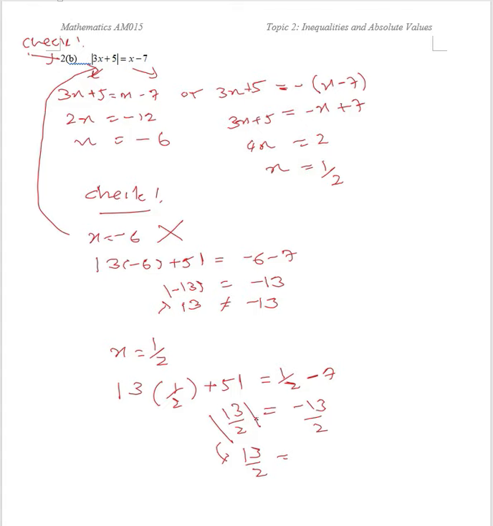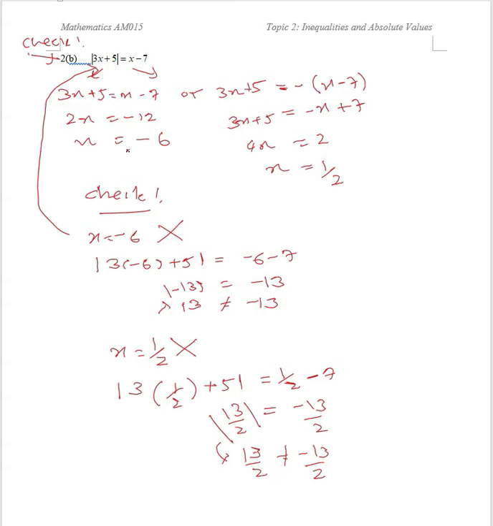Take it out of the vertical bars before you compare it to the right side. So if this is positive, the value of this absolute is also positive, and on the right side is still negative. Are these two equal? No, they're not equal because they have different signs. So this x value is also not acceptable.